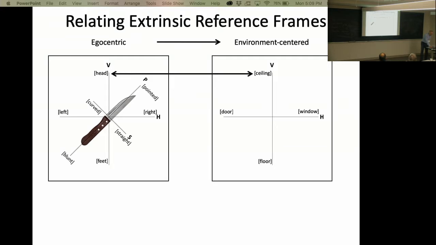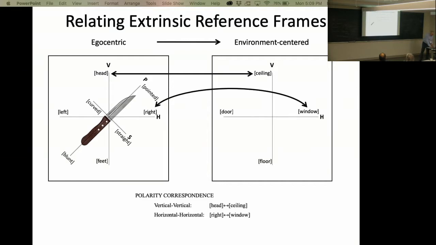And I should map the right side of my body axis to the window side, at least if I'm facing this way when I'm doing it. And then once I've done that, what I've done is establish these polarity correspondences just like we were talking about before. Given that I've done all that, then I can correctly place this object in the environment-centered frame.